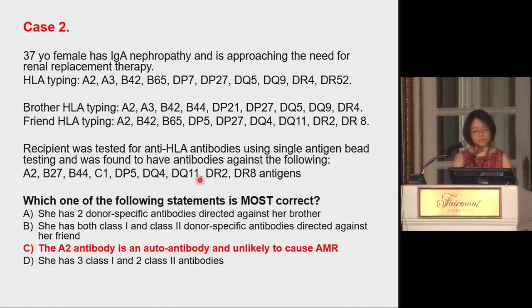And the other locus we look at specifically is DR, and the brother did not have DR2 or DR8, so we're fine there. Okay, and then you would go through each of the answers that way.